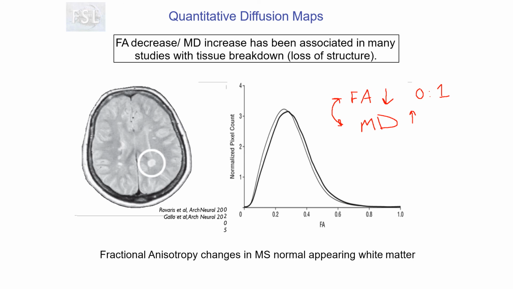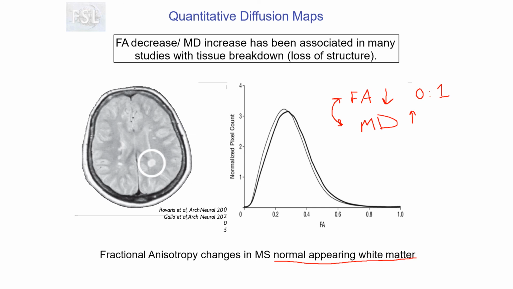We can see fractional anisotropy changes in multiple sclerosis, even in white matter that might be what's called normal appearing white matter. So if you do a scan, you look at it with the T1 image, you might not have any evidence that there's something wrong, but if you do a diffusion scan and you calculate fractional anisotropy in those regions, we can see a slight decrease.